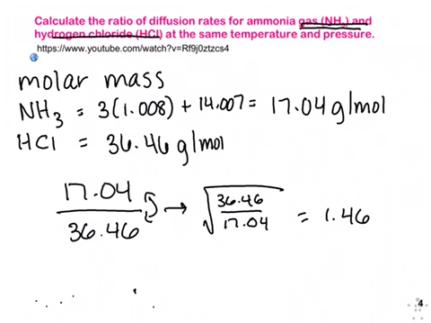And this makes sense because NH3 is a smaller molecule by mass than hydrochloric acid is, looking at their molar mass. So remember, if you're small, you move fast. If you're big, you move slow. Okay?